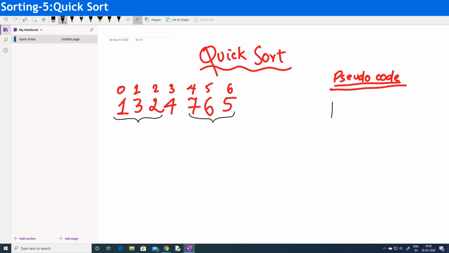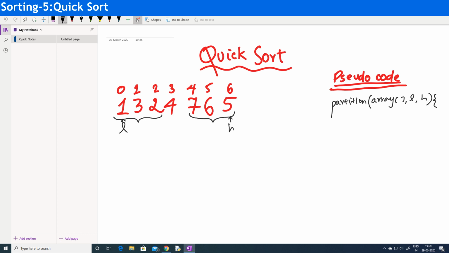So let me call the function partition and let us pass 3 parameters, that is the array, low and high. You may choose not to pass low and high, but for understanding it's better if we have low and high. So basically low will be the first element and high will be the index of the last element.